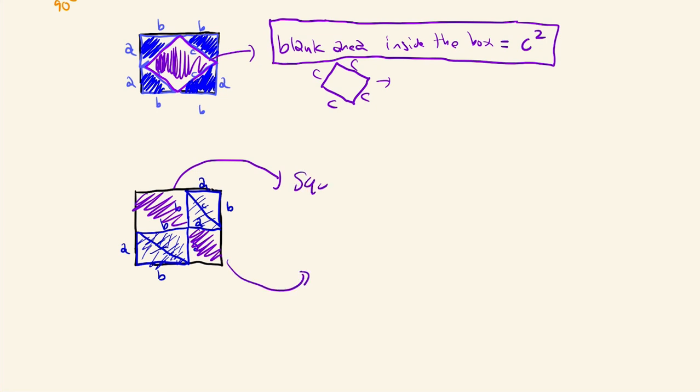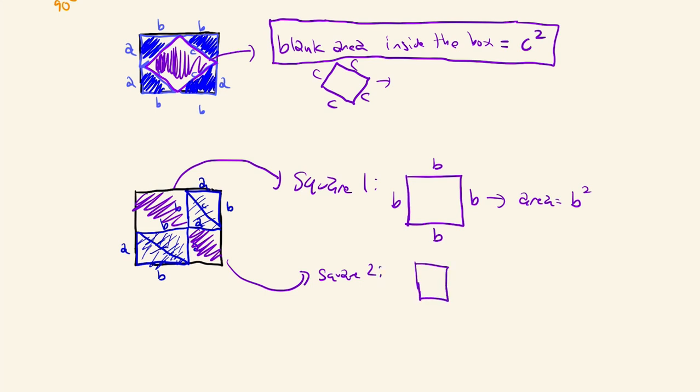So this is square 1 has a side length B, a side length B. So that means B and B. So that's a square. So the area is B squared. And square 2 is a square A, and A. Just by the way we drew this, it has to be that way.